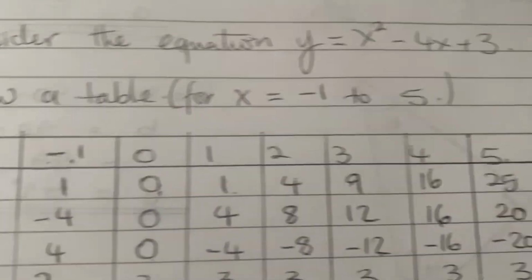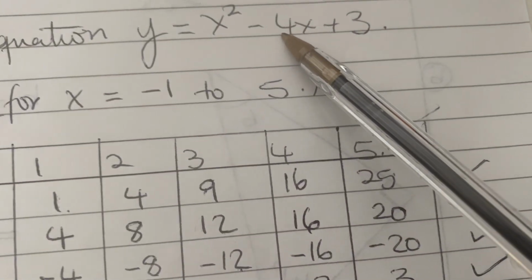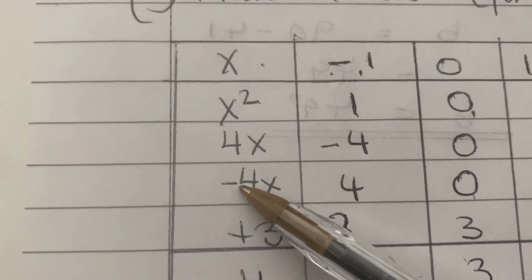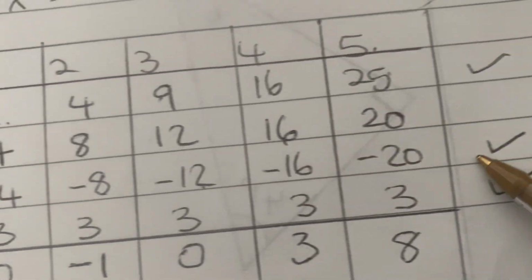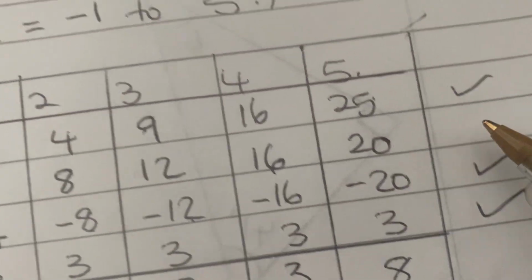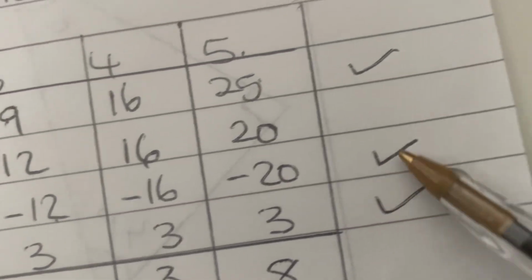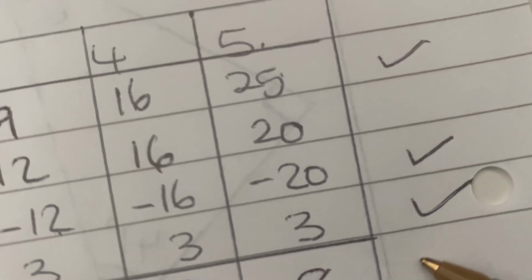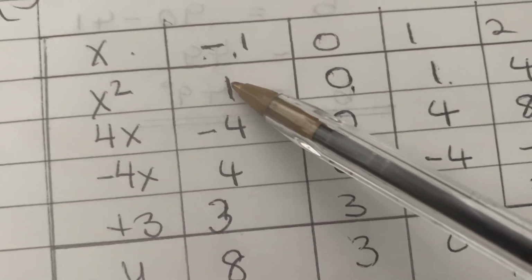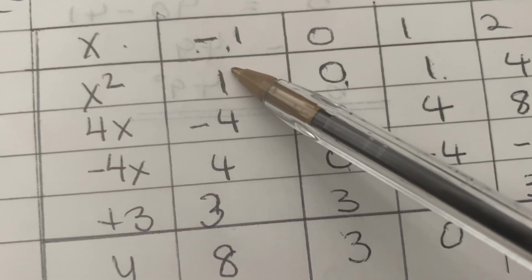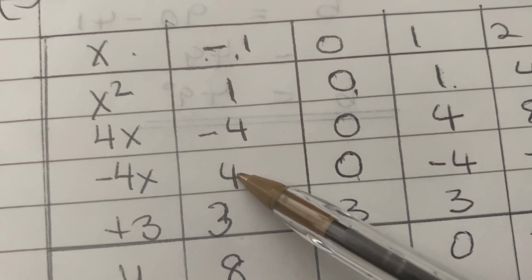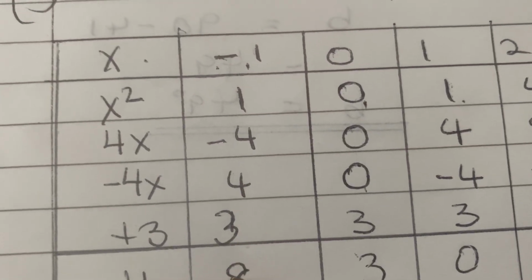Then we want minus 4x, so we want that. And then we want plus 3. So we want 1, 4, 3. So 1 plus 4 plus 3 is 8.